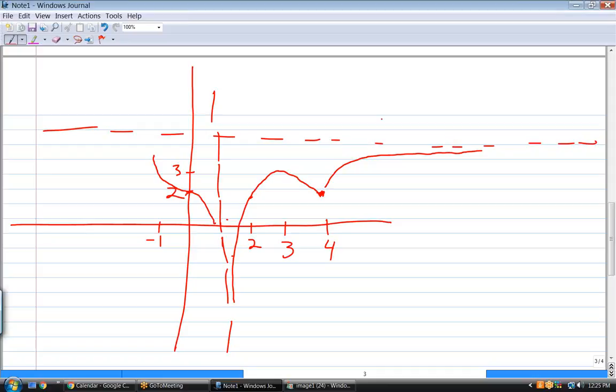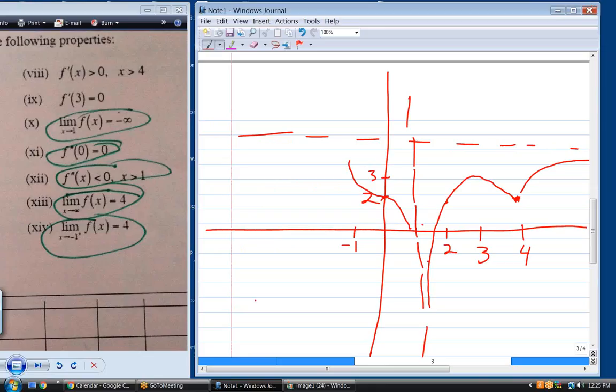In other words, that piece of information tells me there's a horizontal asymptote. Because what horizontal asymptotes are is what y goes to as x goes to infinity. In other words, if I go to infinity to the right, I'm always approaching the line y equals 4.